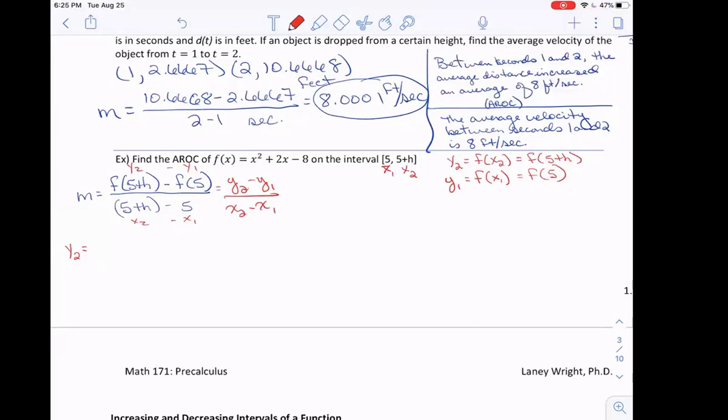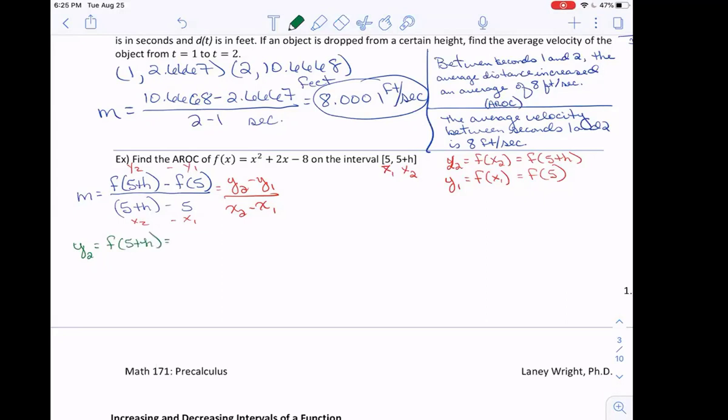Because we're given the function, x squared plus 2x minus 8, we can actually plug in the 5 and the 5 plus h to find those values. We'll find y sub 2, which is f of 5 plus h.